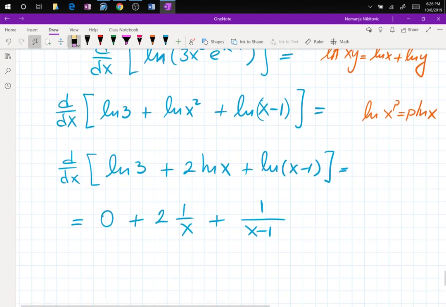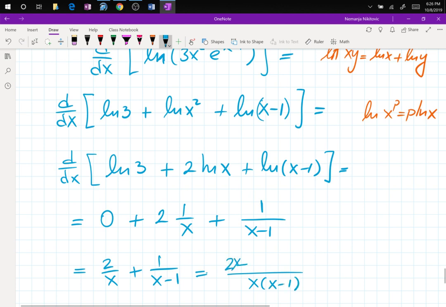And when you put this together, you have 2 over x plus 1 over x minus 1. Find the common denominator of x minus 1. That's 2x minus 2 plus x.